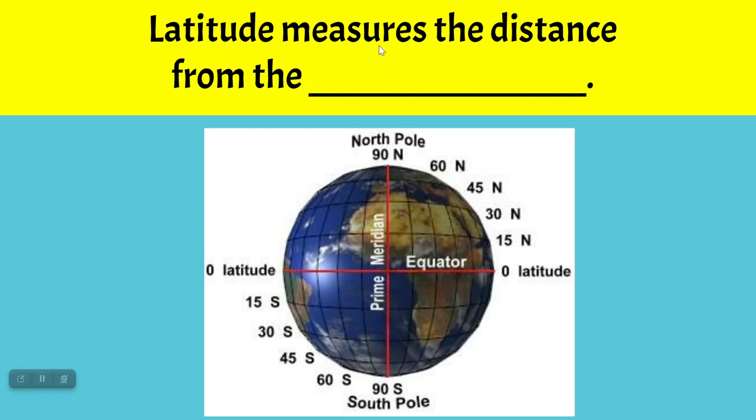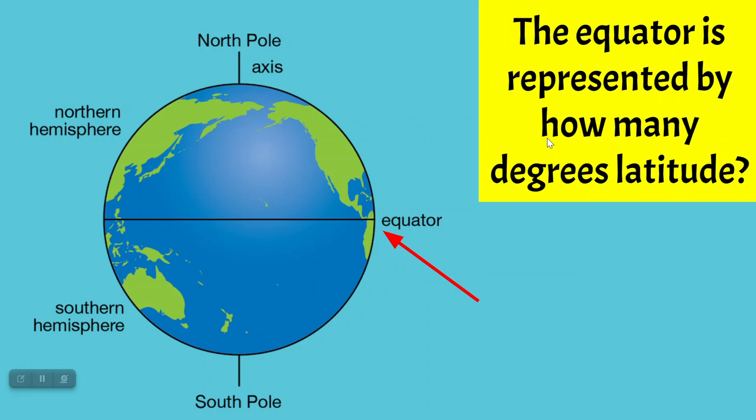All right. So, and I just said this, latitude measures the distance from this equator right across the center of the globe. The equator is represented by what number of degrees? Well, it's 0 because that's our starting point. So it's also a little bit like absolute values with numbers.